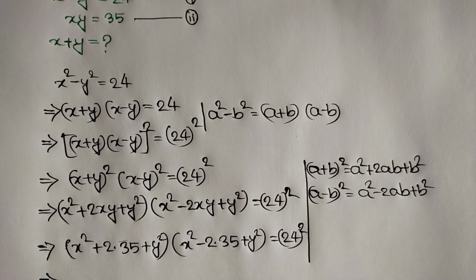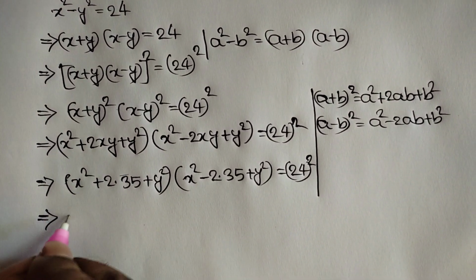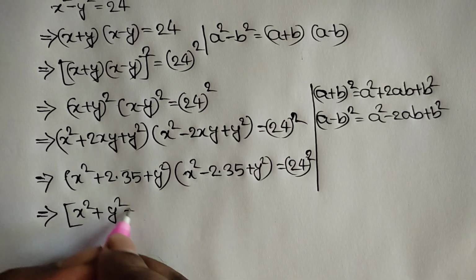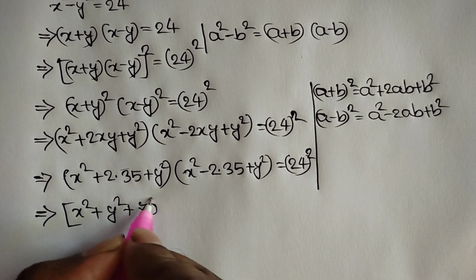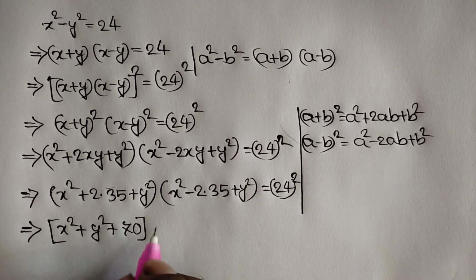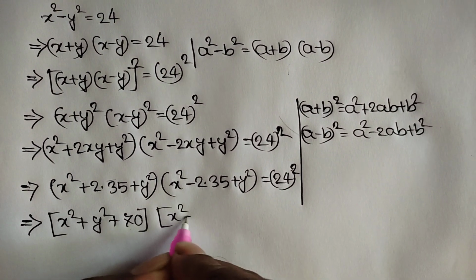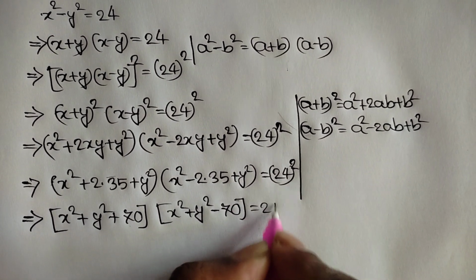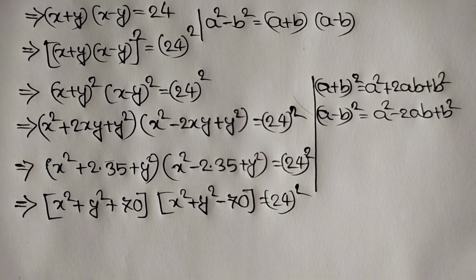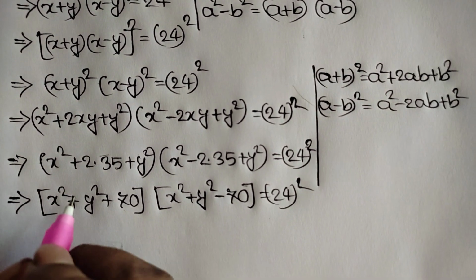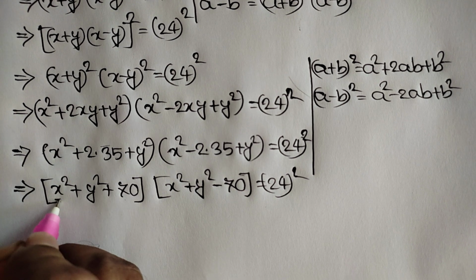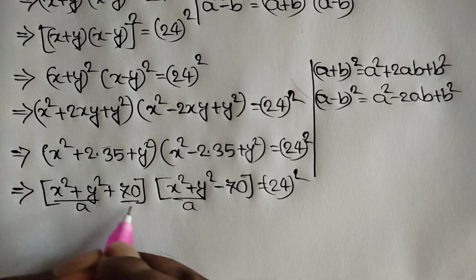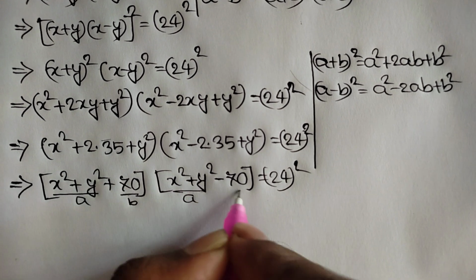Or rearranging it, we can write x square plus y square plus 2 times 35, that means 70, times x square plus y square minus 70 is equal to 24 square. And now as you can see, let x square plus y square is equal to a and 70 is equal to b.